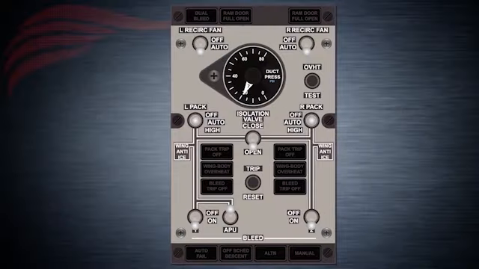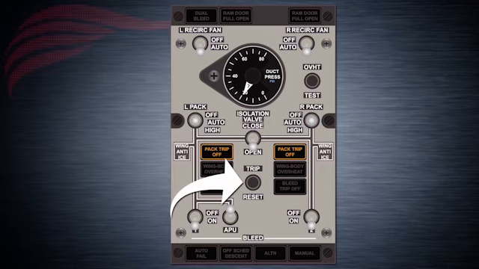If both the primary and standby temperature controls fail for the same pack, the same alerts will display and the pack will still continue to operate, but without any form of temperature control. When the condition that caused the pack light to illuminate has been corrected, the trip reset switch must be pressed in the air conditioning overhead panel to bring the system back to normal operation. Trip reset is also discussed in the bleed air lesson.